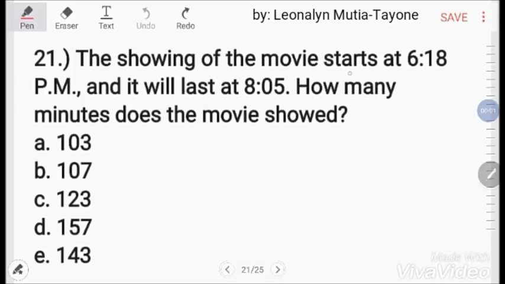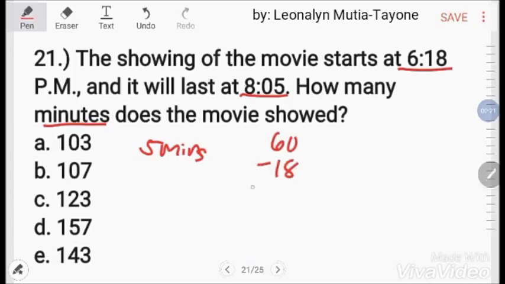Number 21. The showing of the movie starts at 6:18 p.m. and it will last at 8:05. How many minutes does the movie show? Nag-start siya ng 6:18. So, 60 minus 18, that is 42 minutes.